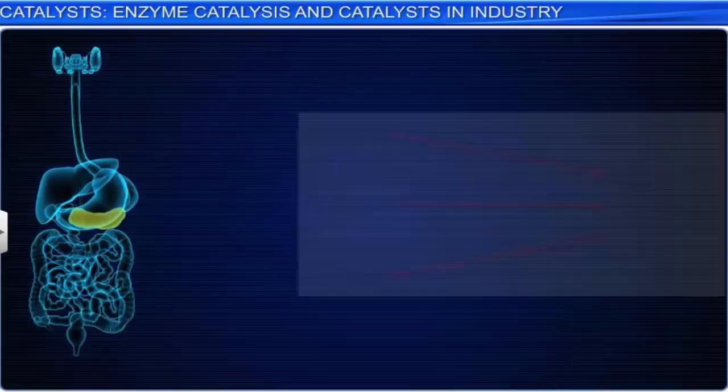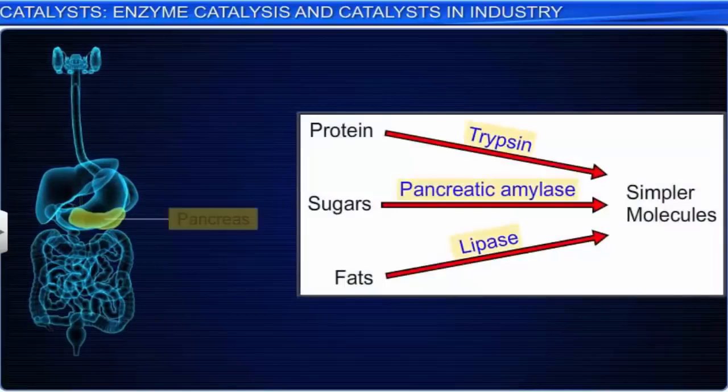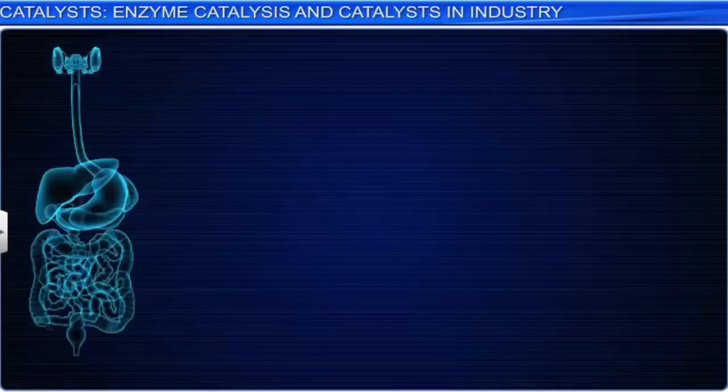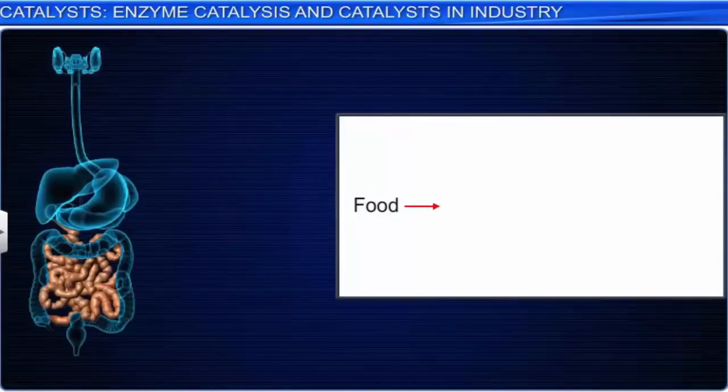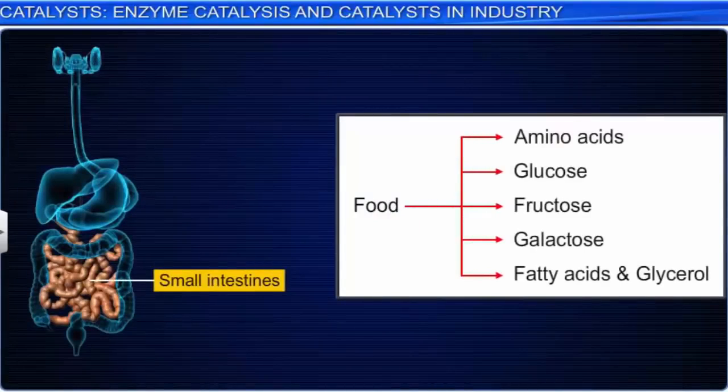Further, pancreatic juices contain various enzymes that continue to break down proteins, sugars, and fats. By the time food moves into the small intestine, it has been broken down into tiny nutrients that the body can absorb and use for energy, repair, and growth.